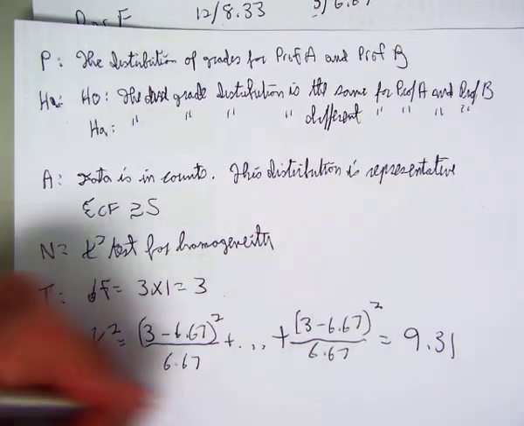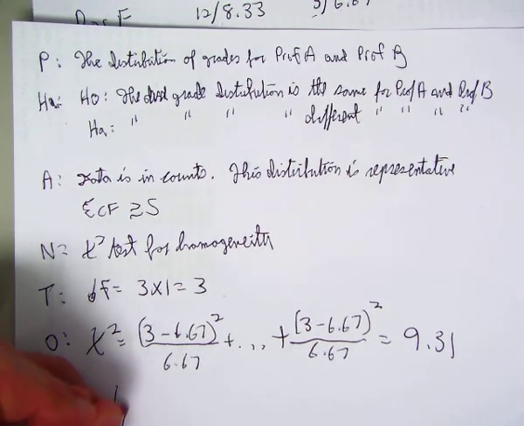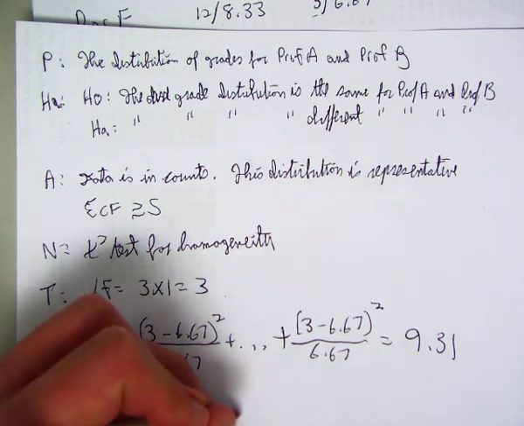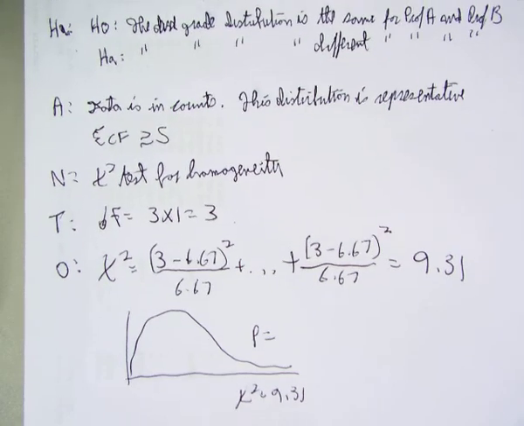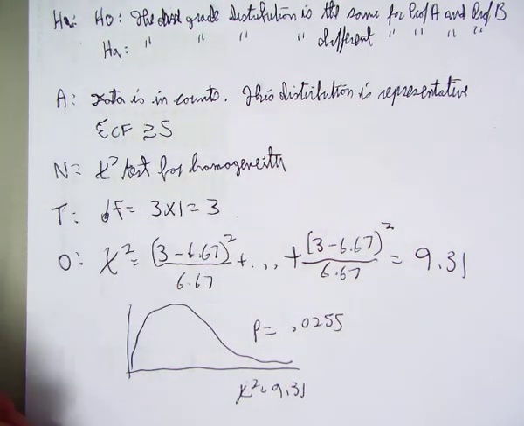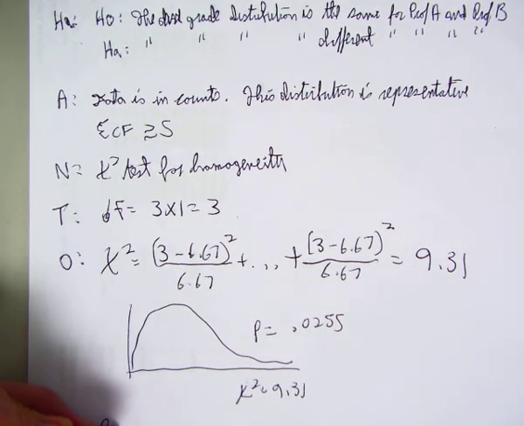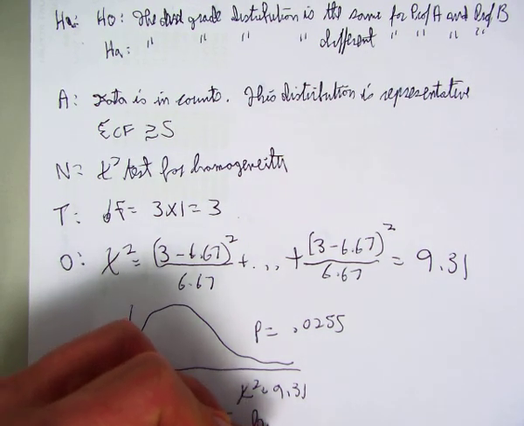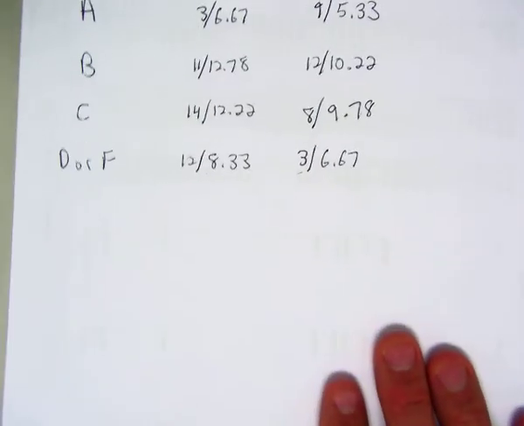Okay, so I'm going to put down that this equals 9.31. I'm going to draw this up. So this looks like this. Chi-squared equals 9.31. Big P equals 0.0255. Make a decision. We would reject at the 0.05 level. And now that I rejected, I've got to go back and look at what happened.